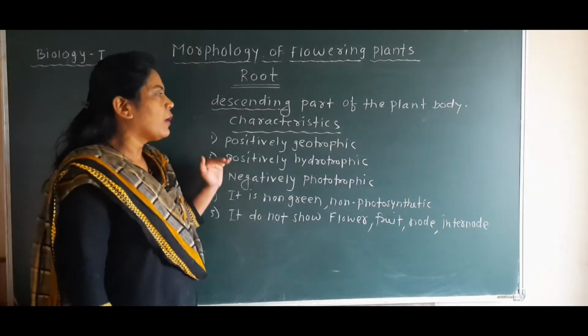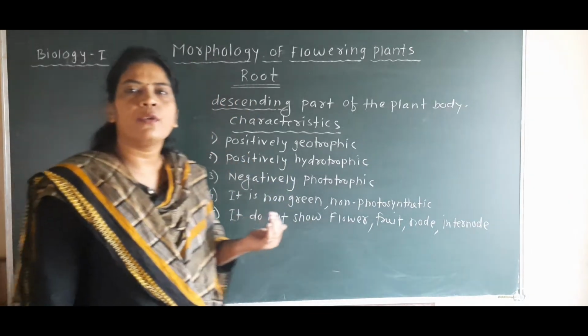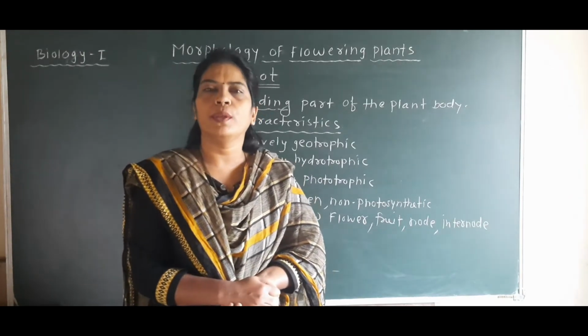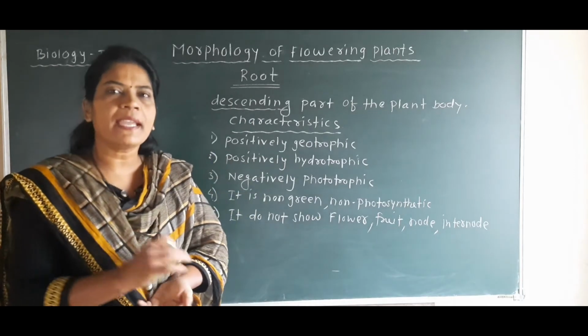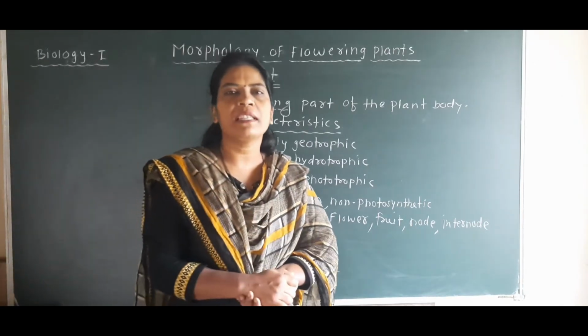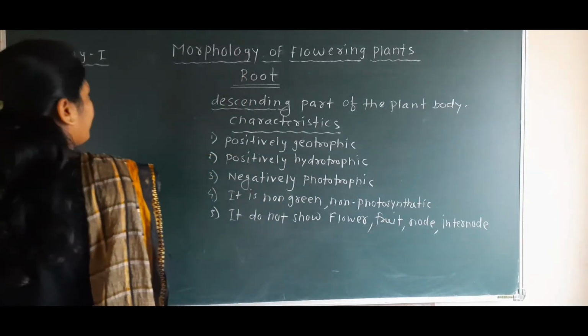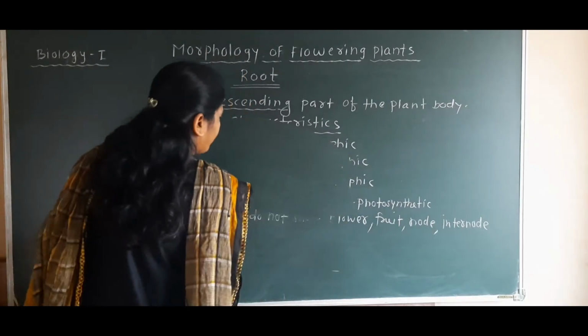Now, along with the characteristics, we are going to discuss the important functions of the root, because the root carries out some of the major functions in the plant body, and that's why its importance is more in the life of the plant.